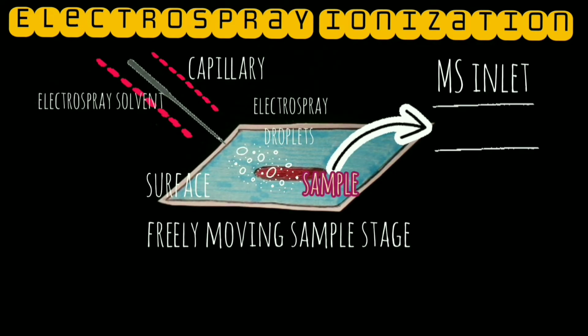As a consequence of this strong electric field, the sample emerging from the tip is dispersed into an aerosol of highly charged droplets. The charged droplets diminish in size by solvent evaporation, assisted by a flow of drying gas, and eventually charged sample ions free from solvent are released from the droplets.